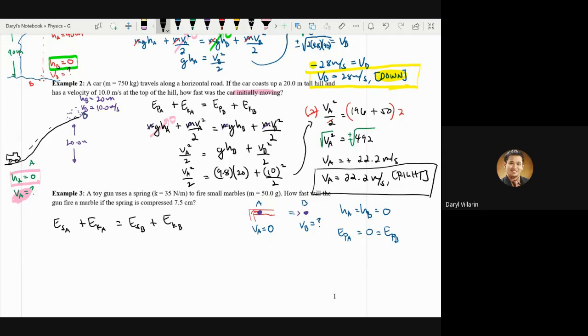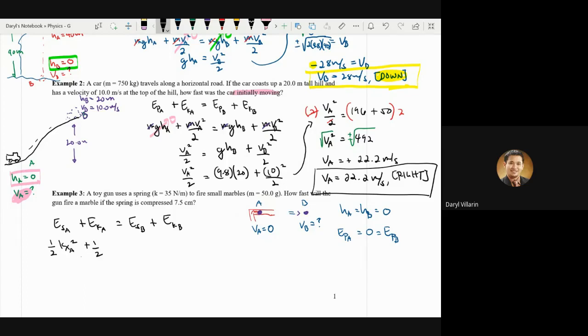And now for the spring, elastic potential energy is 1/2 k x_a squared. That's the formula for elastic potential energy.